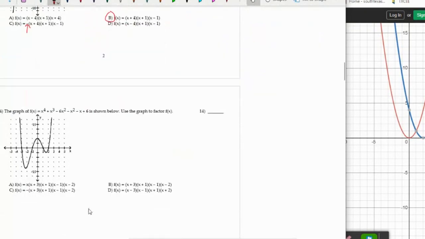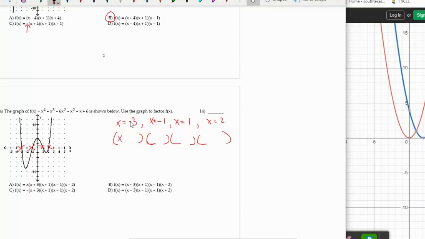Next one. Same concept. So we have x equals -3, x equals -1, x equals 1, and so on.